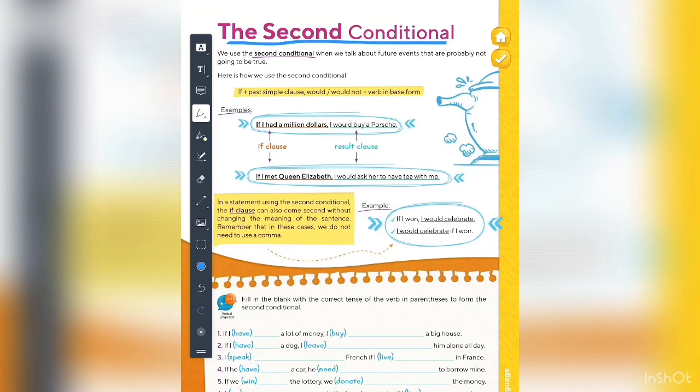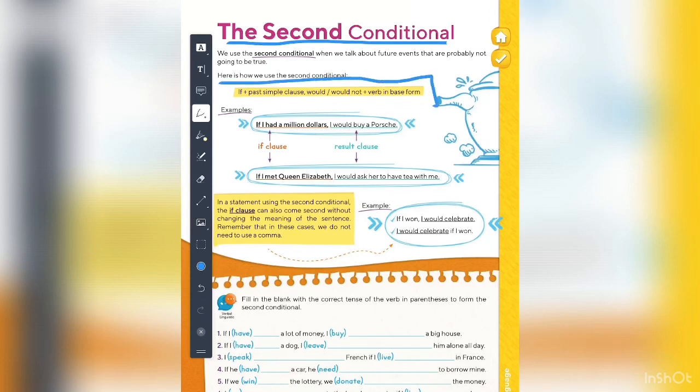We use the second conditional when we talk about future events that are probably not going to be true. Okay, something that is a possibility, but it may not happen. Here is how we use the second conditional.